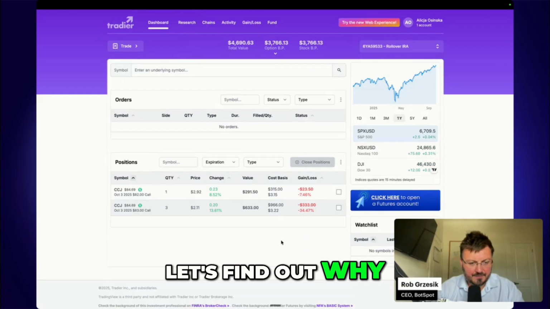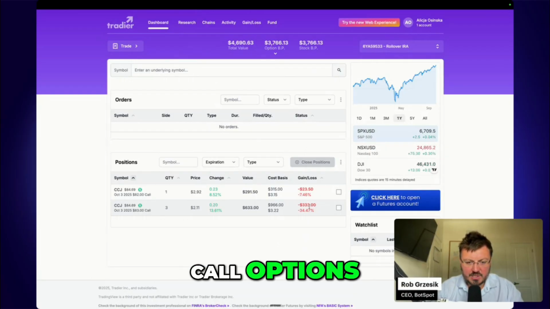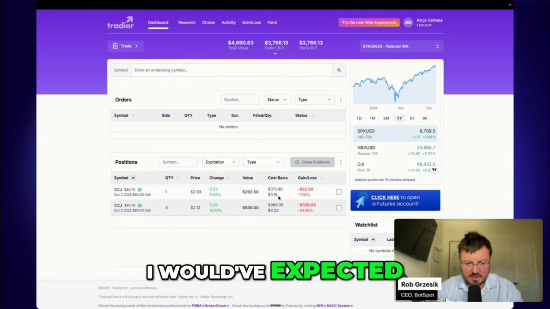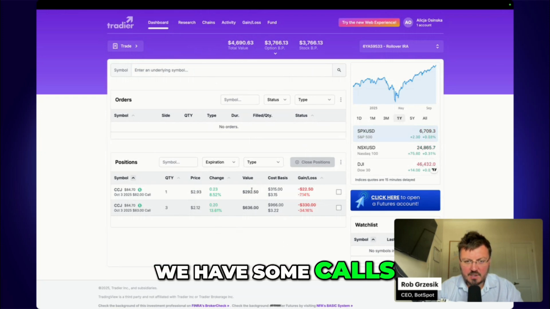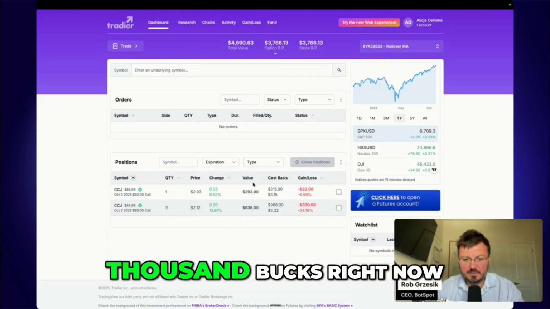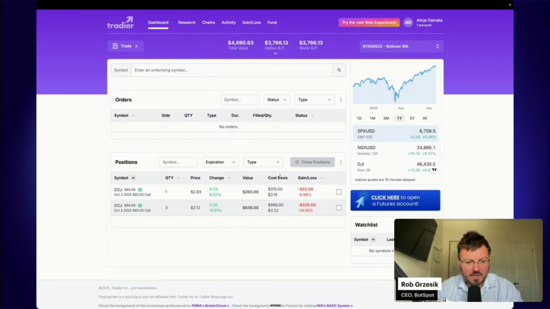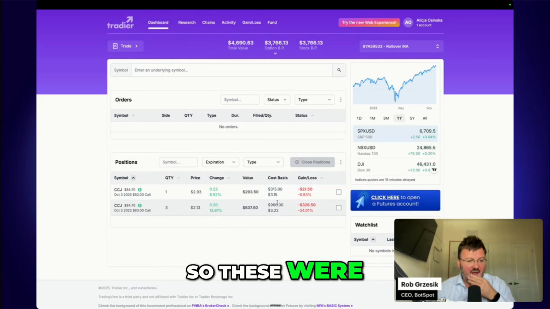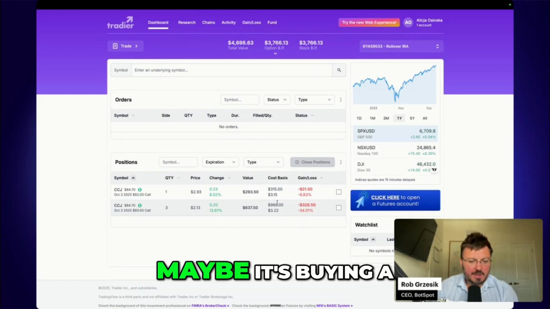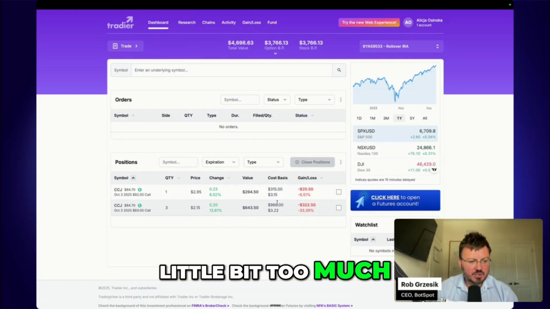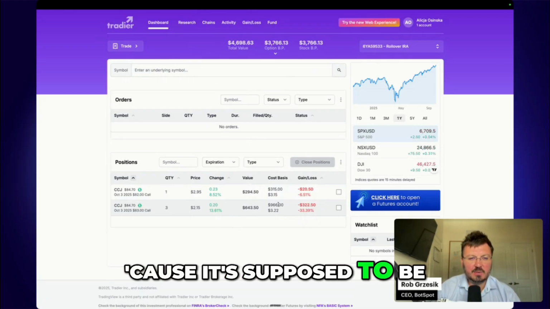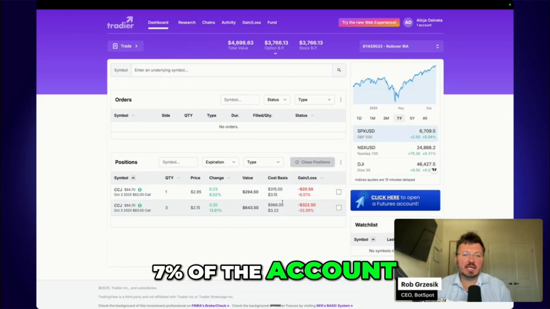Let's find out why. So we have the call options. This is exactly what I would have expected. We have some calls. It's worth about $1,000 right now. Our cost basis was a little higher. So maybe this strategy is buying a little bit too much, because it's supposed to be, I think, 7% of the account.